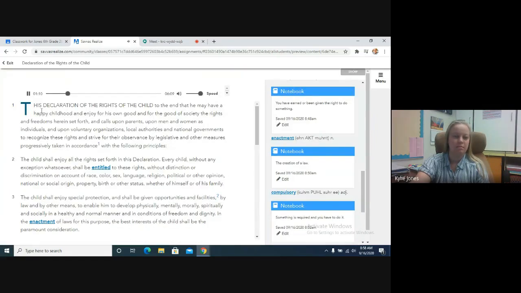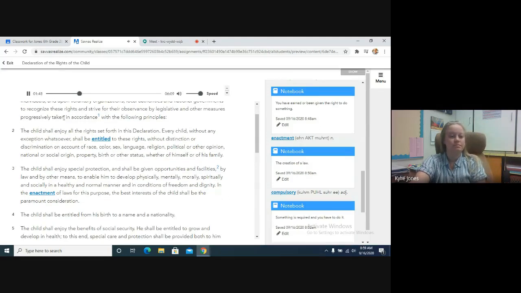Declaration of the Rights of the Child by the United Nations General Assembly. This Declaration of the Rights of the Child, to the end that he may have a happy childhood and enjoy for his own good and for the good of society the rights and freedoms herein set forth, and calls upon parents, upon men and women as individuals, and upon voluntary organizations, local authorities, and national governments to recognize these rights and strive for their observance by legislative and other measures progressively taken in accordance with the following principles.